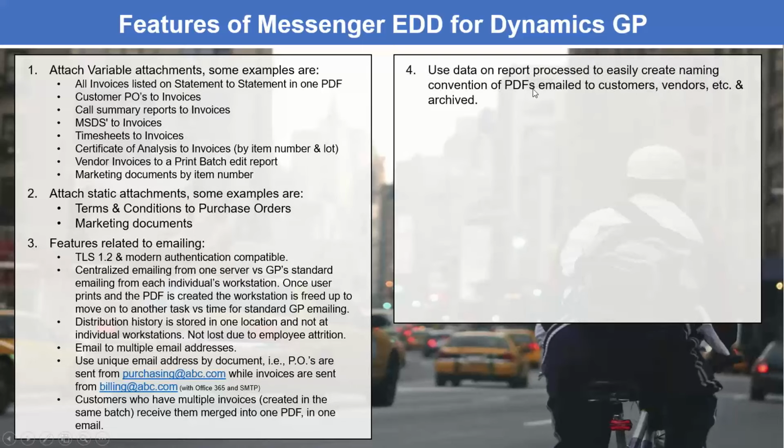On the right side, we could use any data that we're capturing from the report to name the PDFs that we create. Not only the PDFs that are being emailed out, but also the archive copies. Printer user-specific printers. So we have a customer that uses Messenger to distribute pick tickets to their warehouse. And their warehouse has 4 locations.